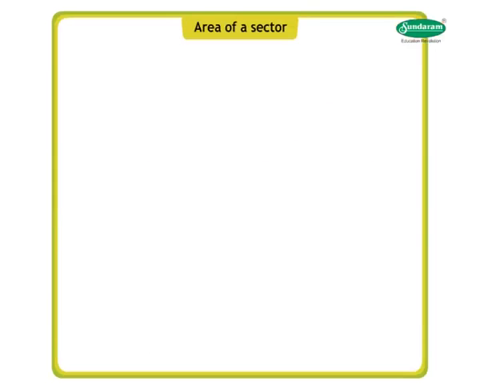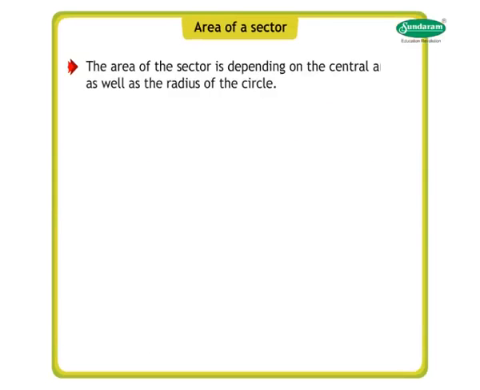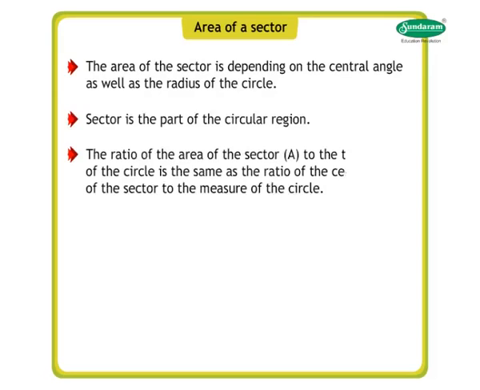You infer from above that the area of the sector depends on the central angle as well as the radius of the circle. Sector is the part of the circular region, so the ratio of the area of the sector A to the total area of the circle is the same as the ratio of the central angle of the sector to the measure of the circle.